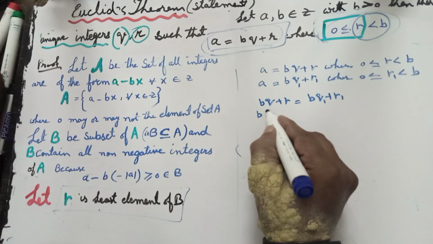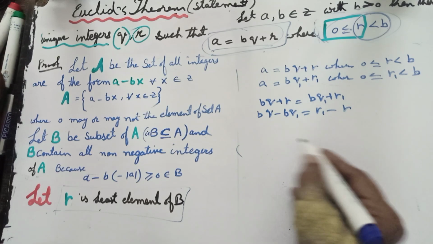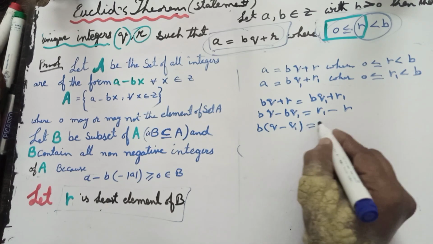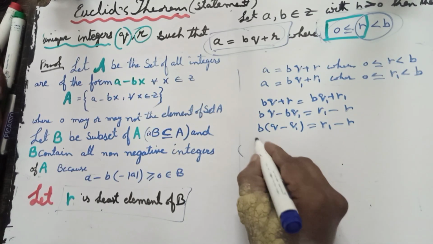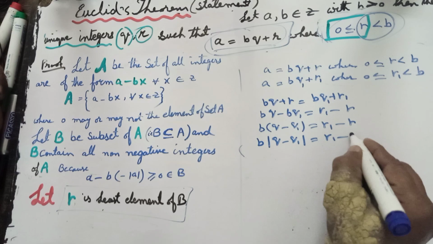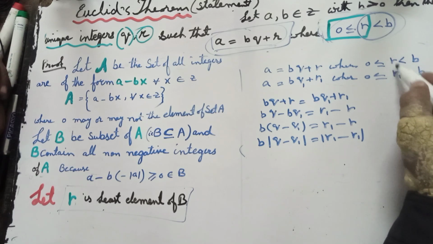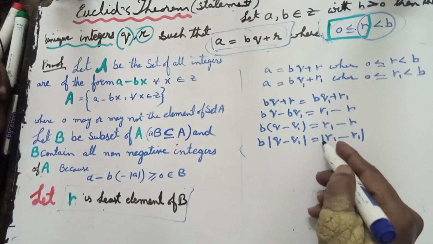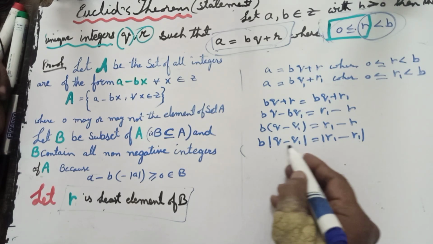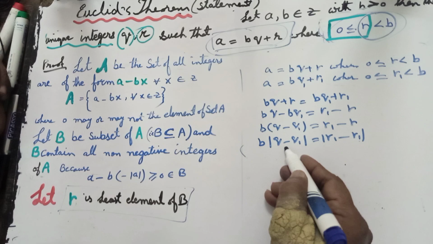Take the values of q on one side and r1 minus r on the other. Take b common: b(q1 minus q) equals r1 minus r. Here I can write it just like this. Why? As you know that these are positive values, their difference must be positive. If this side is positive and b is given positive, then this must be positive, because the product of these two terms is positive.